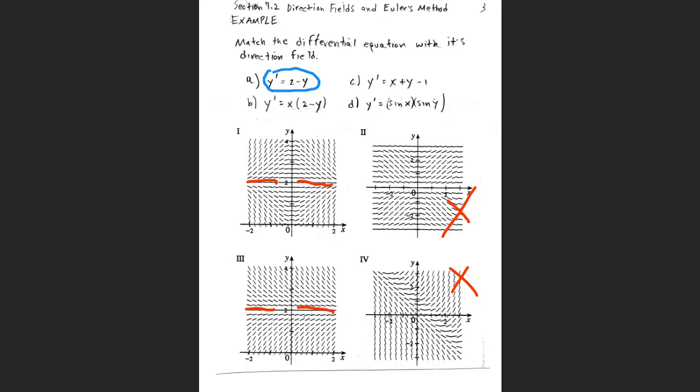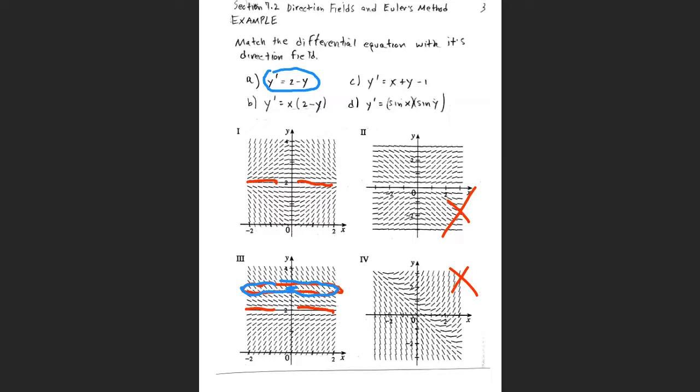Well, notice that for number 3, for every y level, the slopes are the same at every y level. Maybe I'll put that in blue. If you pick a y level and look at the slopes at the coordinates that have those y values, they're all the same.